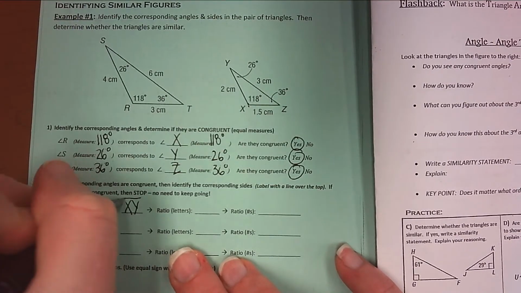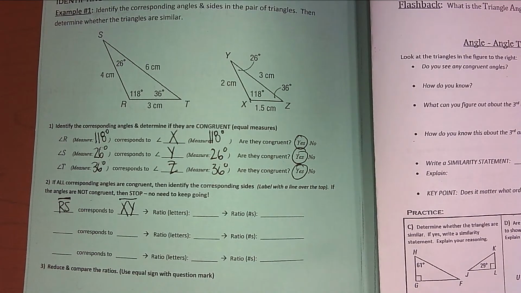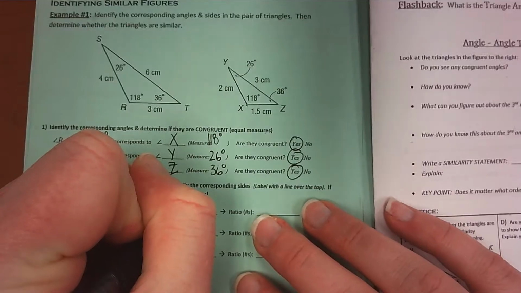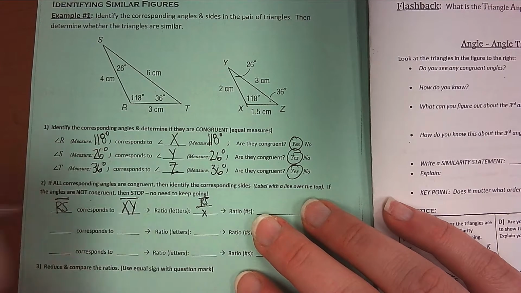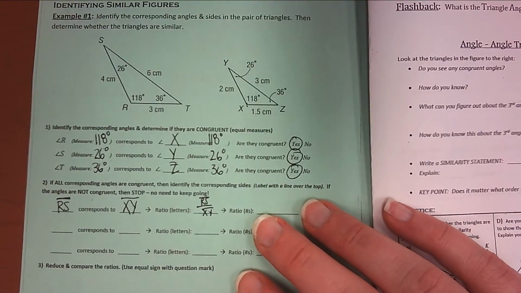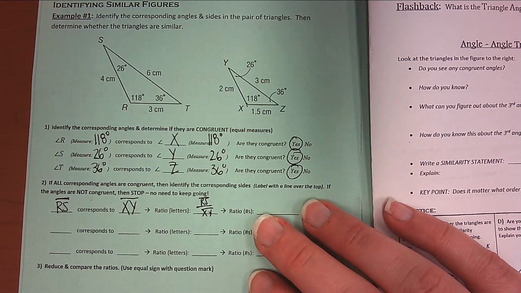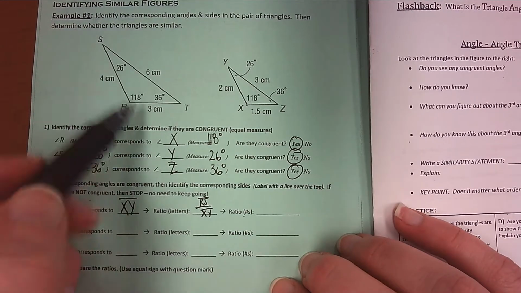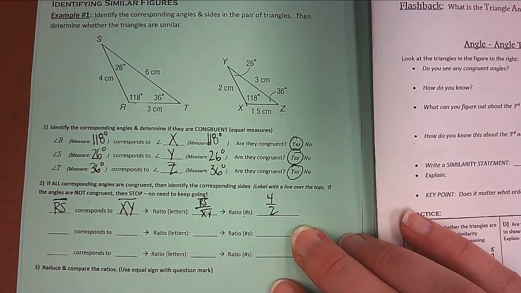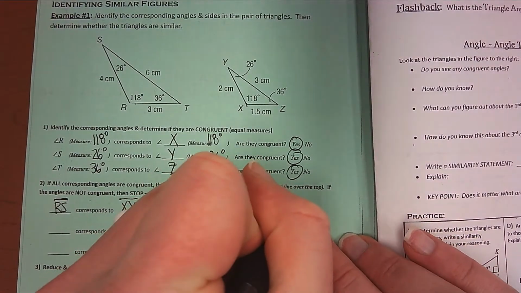Corresponds to segment XY or side XY. And so their ratio with letters would be RS over XY. And their ratio with numbers, RS is 4, XY is 2, and so we would say 4 over 2, which does simplify to 2.